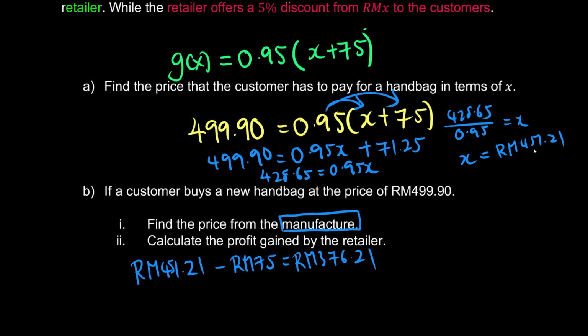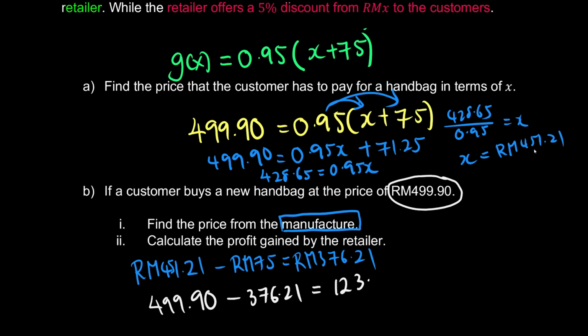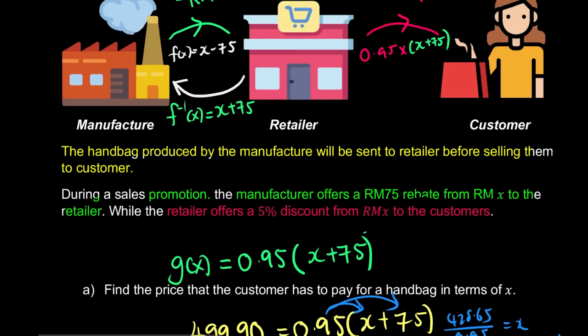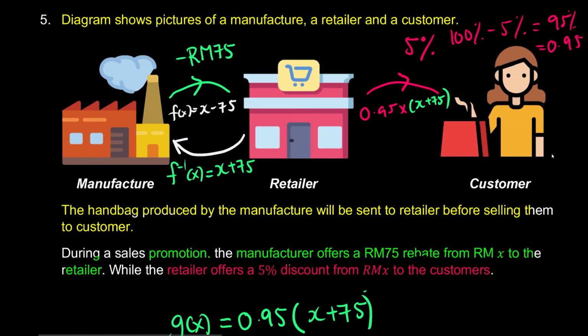Meanwhile, they are selling it to you at 499.90 after discount. So how much do they earn in the process? We take the customer buying price minus the price that the retailer gets. Then this is eventually the profit, which is RM123.69.